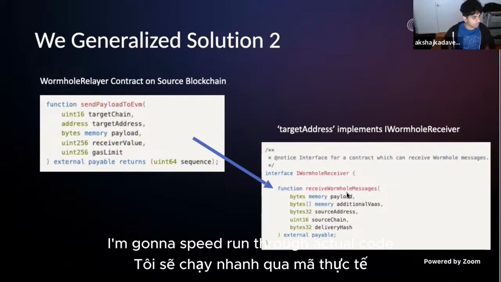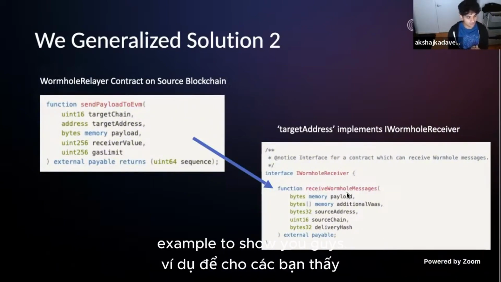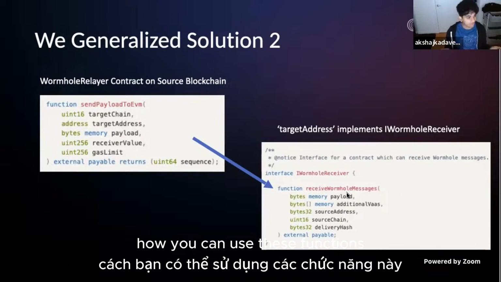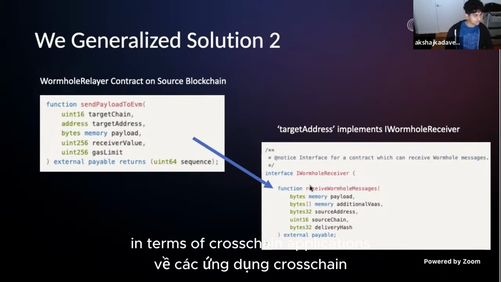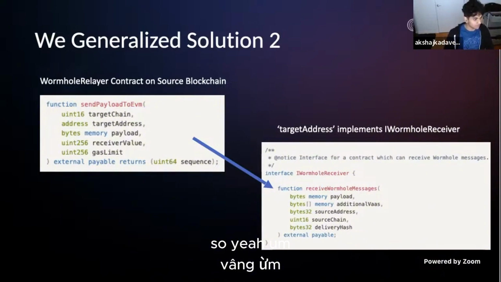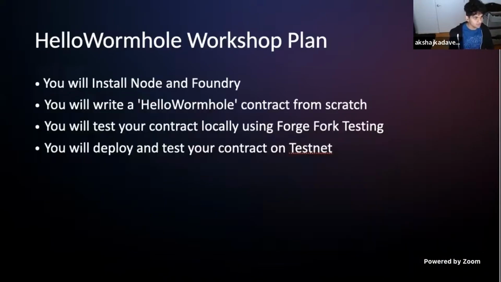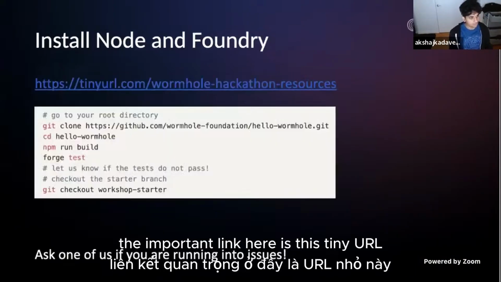So yeah, I'm gonna speed run through an actual code example to show you guys how you can use these functions in any projects that you might want to build in terms of cross-chain applications. The important link here is this tiny URL.